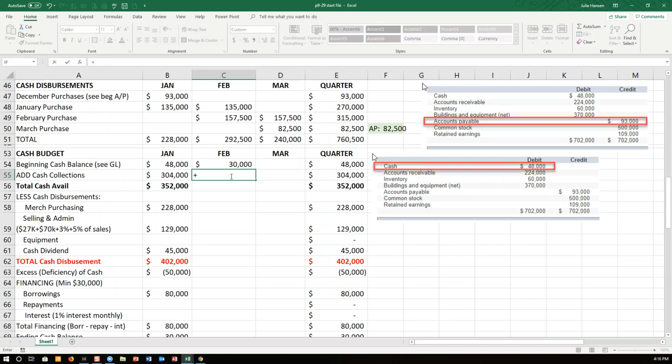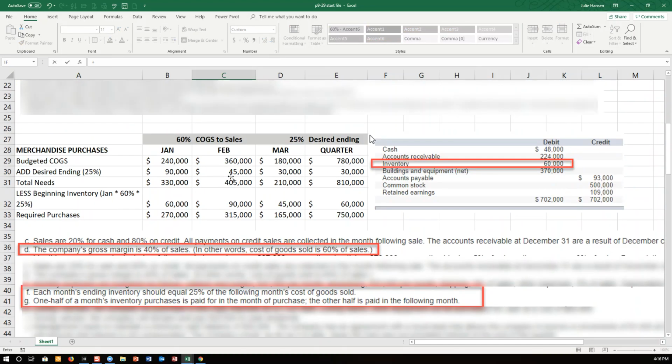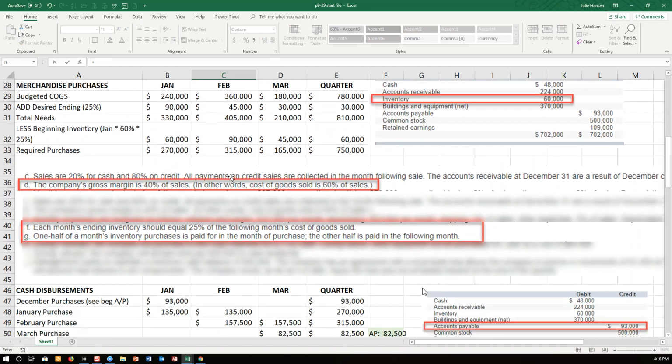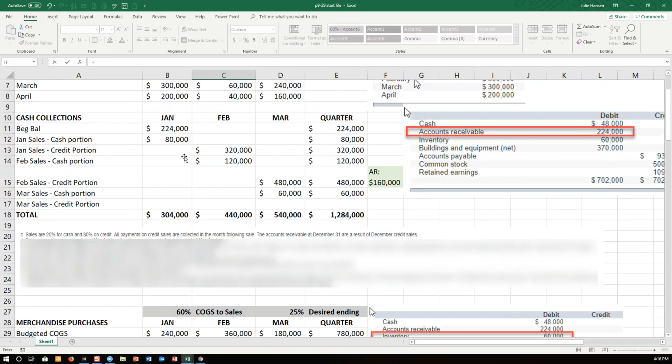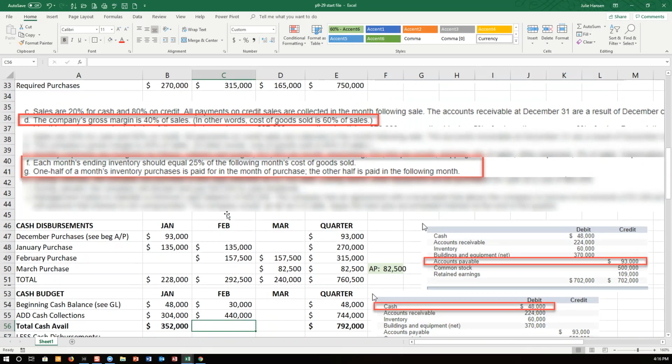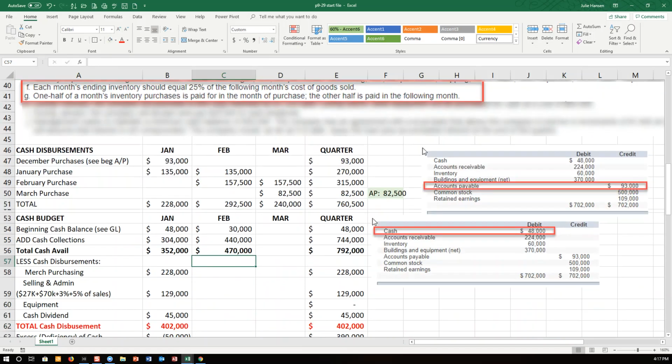I'm going to come back up to my cash collections, and for February it would be 440. So the cash I have available will be what I'm collecting plus my beginning balance. There's my 470. So what am I going to purchase for inventory?